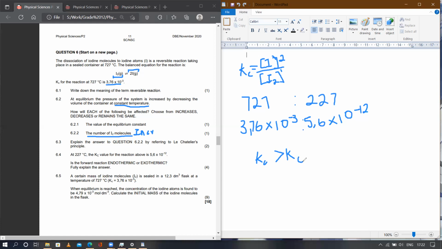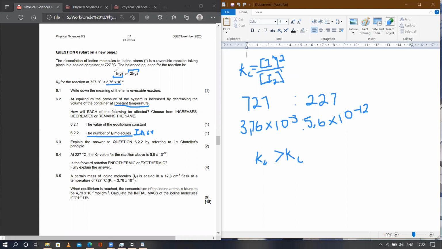Yes, sir. So in order for your Kc to go lower, that means the concentration of the product must decrease, and that of the reactants must increase. So you understand that part? Yes, sir. Okay. So this means that when temperature is decreased, the products are decreased and the reactants are favored.